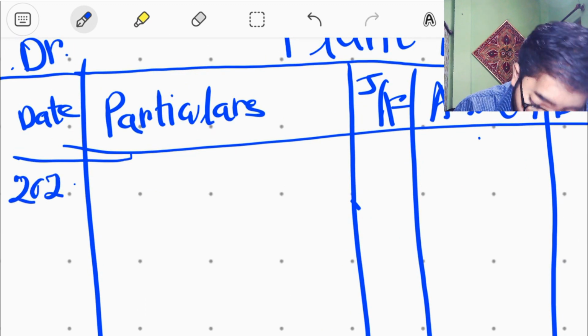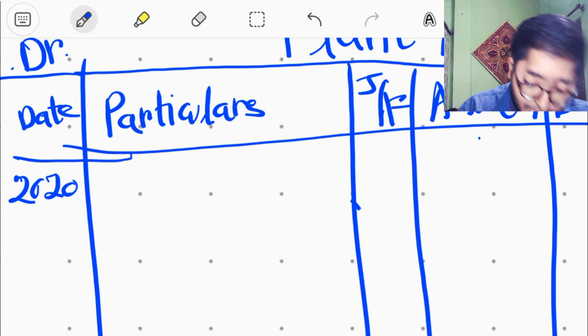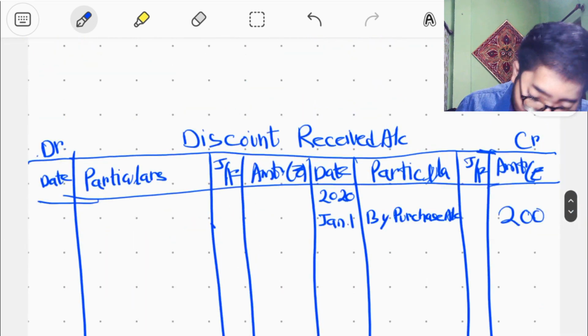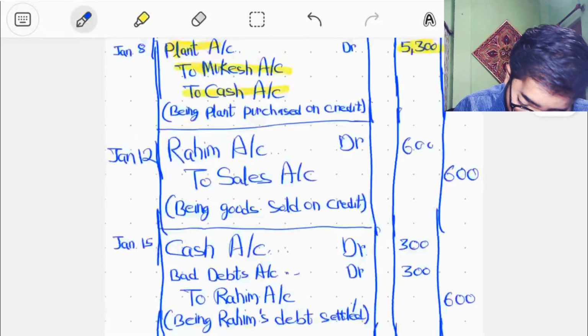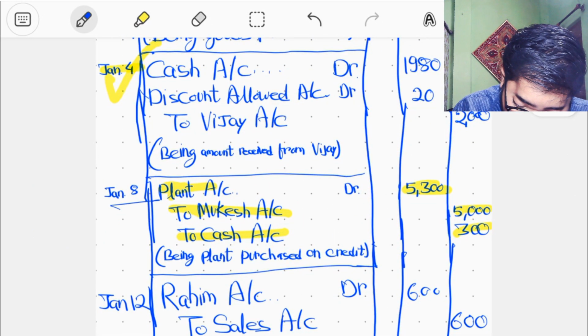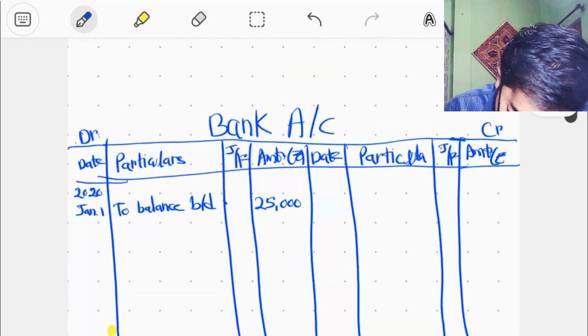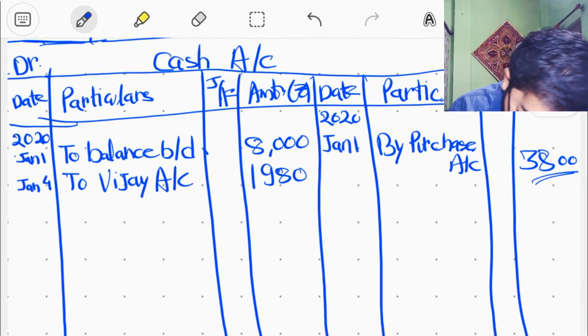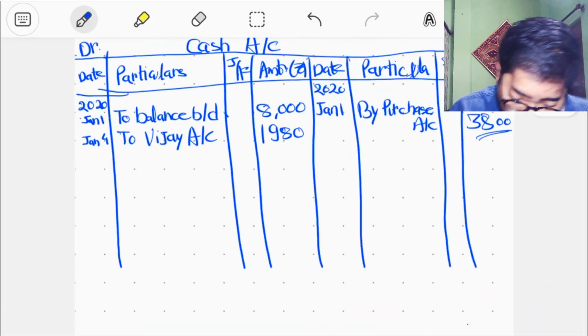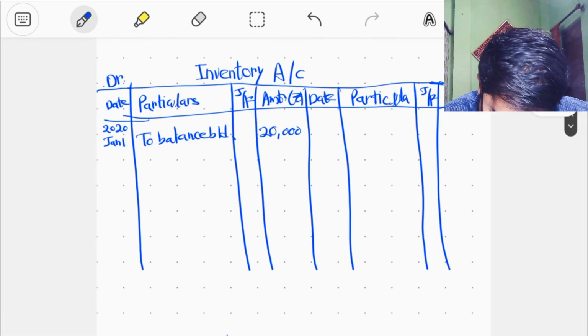The date of the transaction. What is the date? Let us see again. Date of the transaction is January 8. Sorry, in this I have given January. Okay, January 4th, this date is okay.